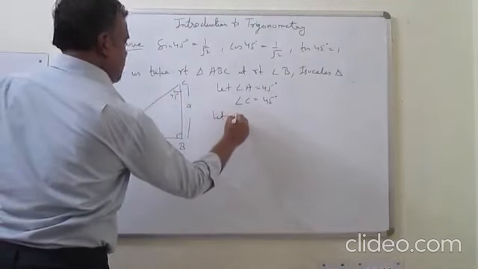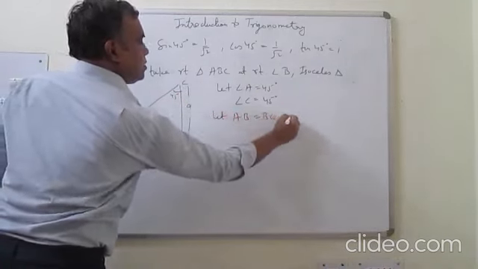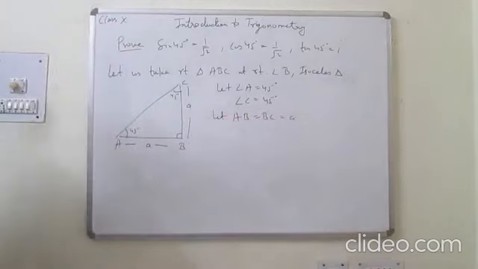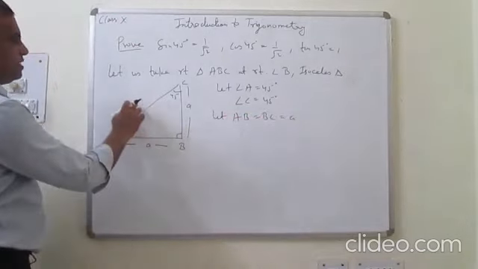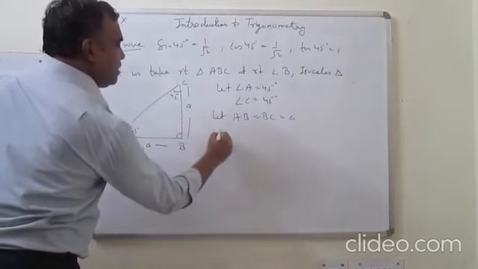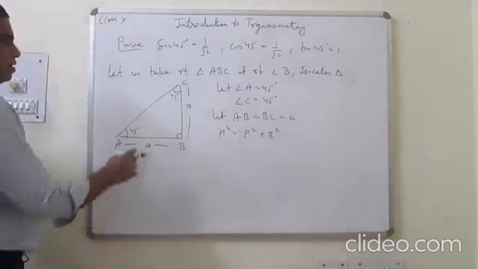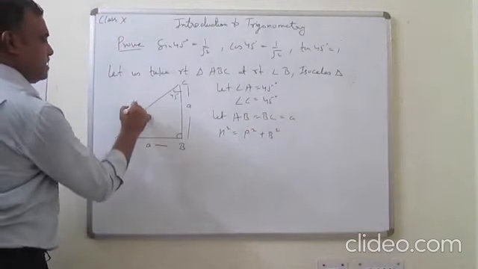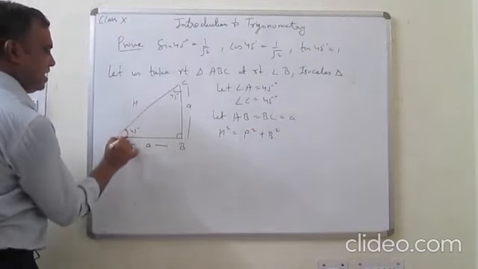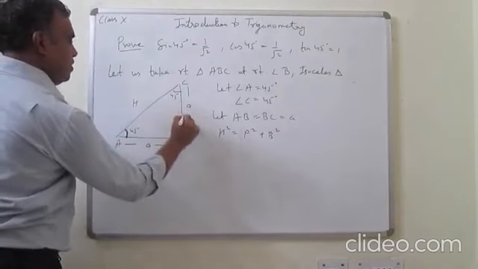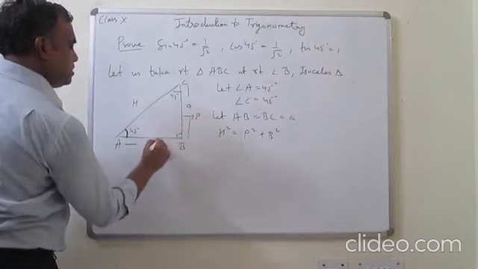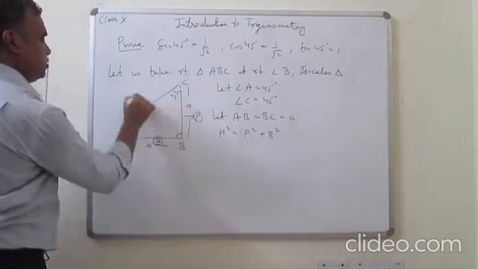Let AB be equal to BC be equal to a. Now by Pythagoras theorem, what is AC? We know that h square is equal to p square plus b square. So here the hypotenuse is this. If I take angle A, the perpendicular is this and the base is this.